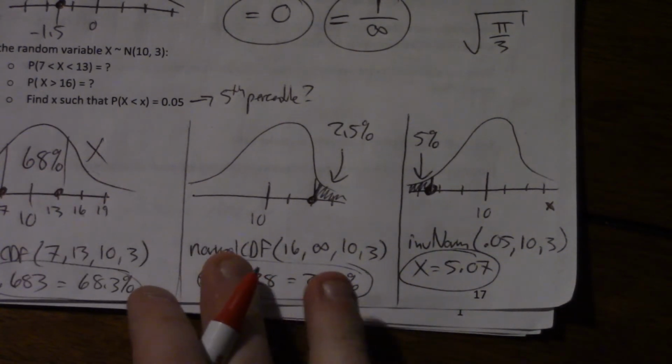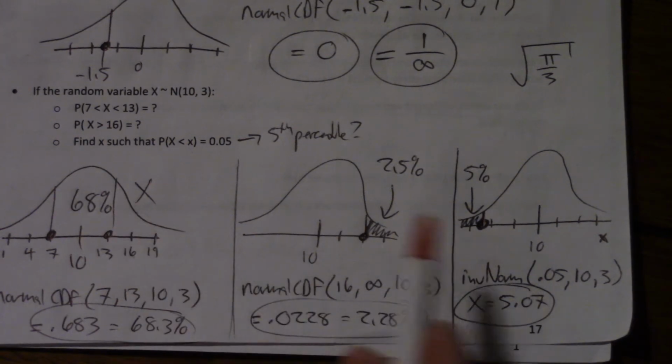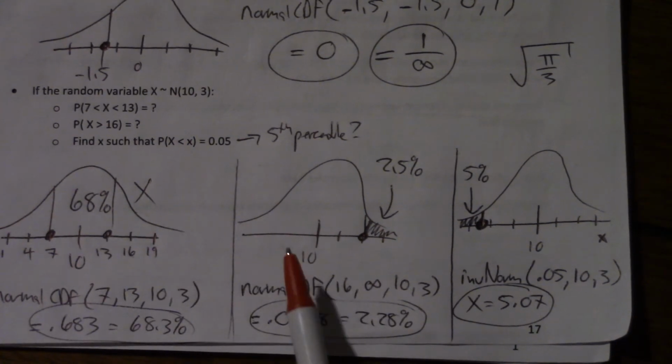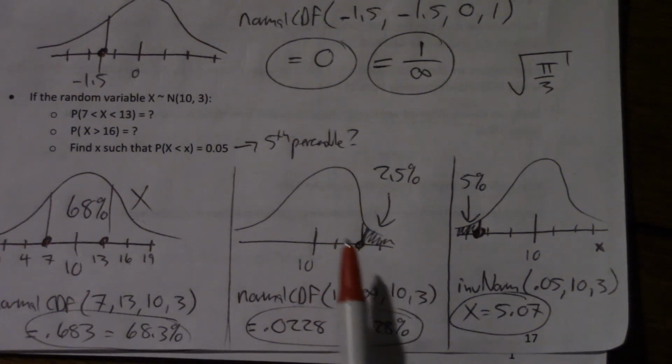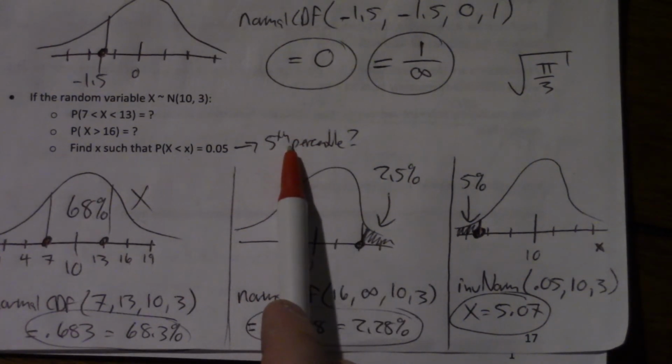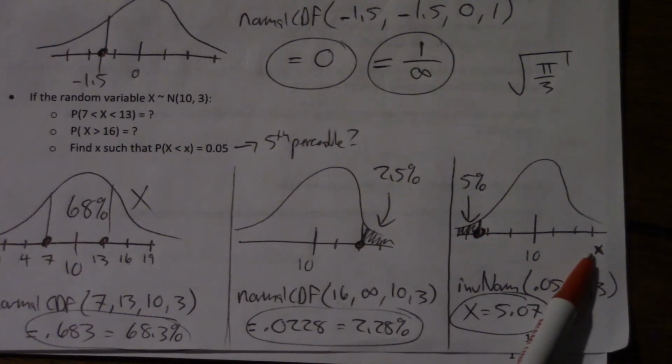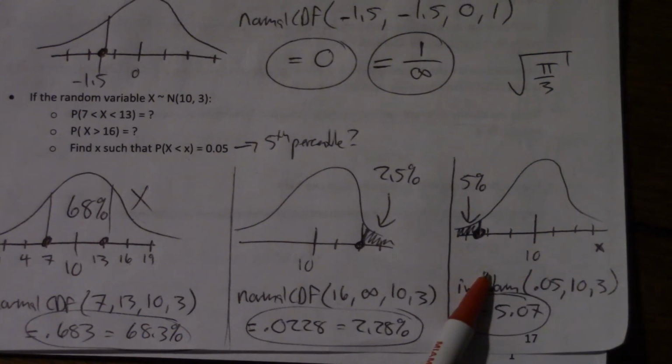Okay, so not too bad. These are the two types of problems you'll see with normal distributions. You'll either find a probability and use normal CDF, or you'll be given something like a percentile or some other probabilities, and you'll be asked to find a value of the random variable. In that case, you use inverse normal.